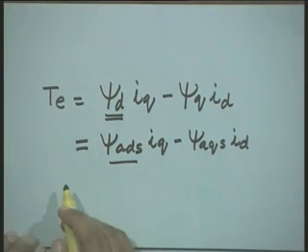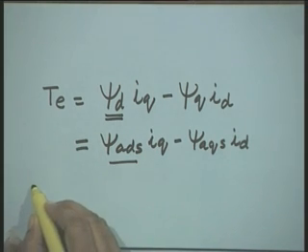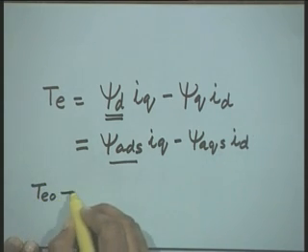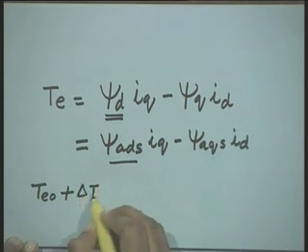To linearize this equation, the simplest way is to write this TE as TE0 plus delta TE.